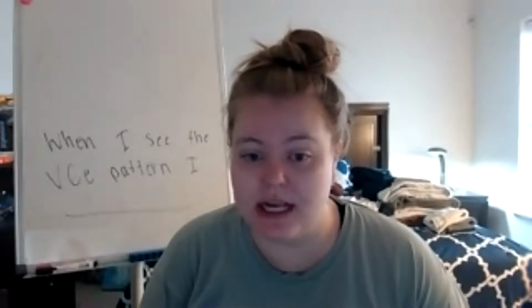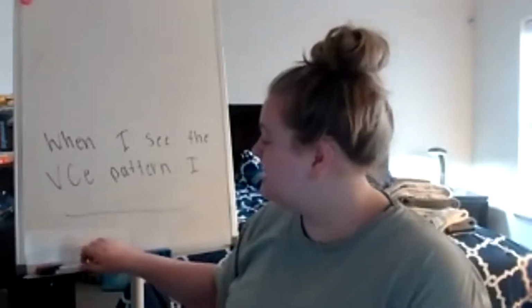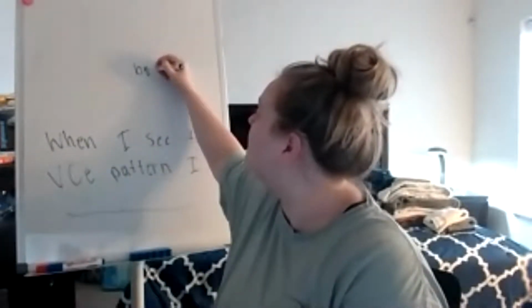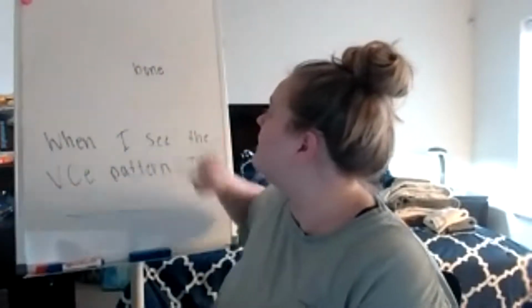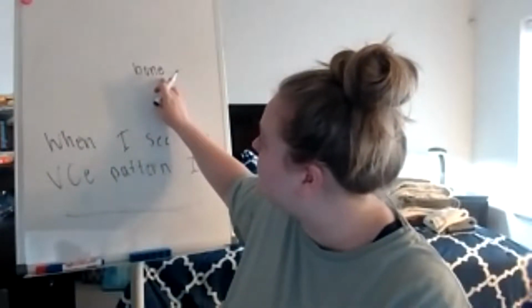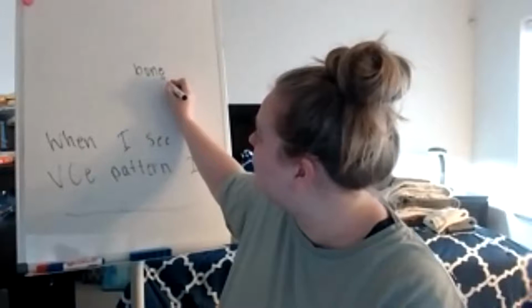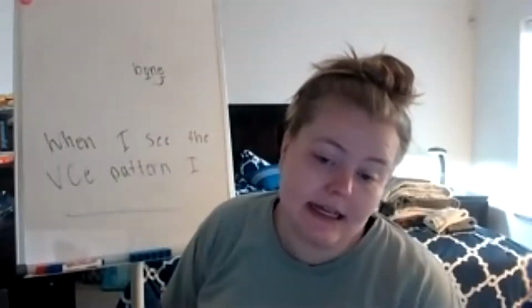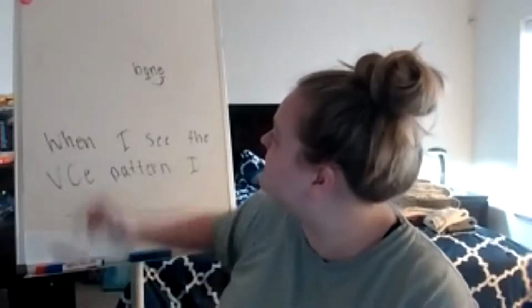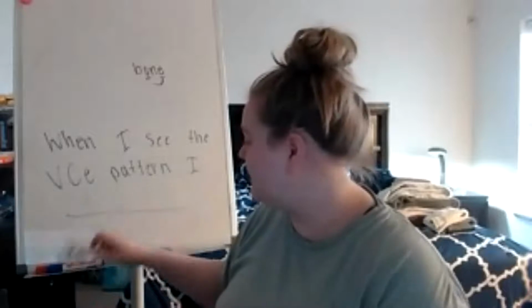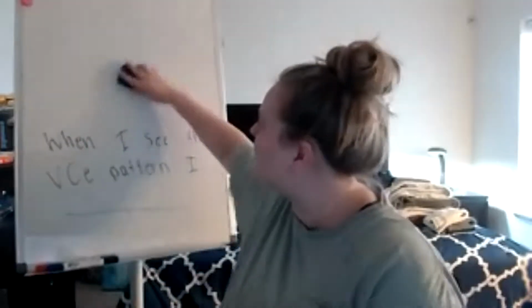What does that pattern tell you? When you see this vowel, consonant, silent E, what does this silent E make the vowel do? Say its name. Makes it a long O, not a short O. So explain that when you finish your sentence starter.